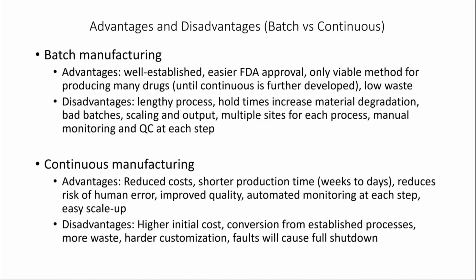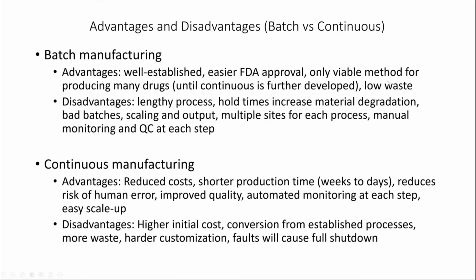So if someone takes a drug that is earlier in the production line versus later, they're getting a different drug. There are different impurities and maybe more side effects. This is why sometimes it's not in the best interest to use a continuous method for already established batches.